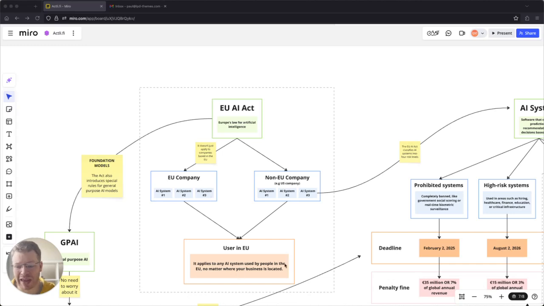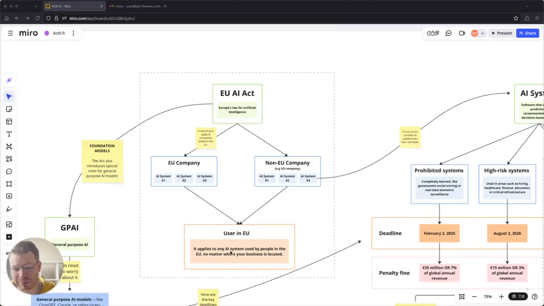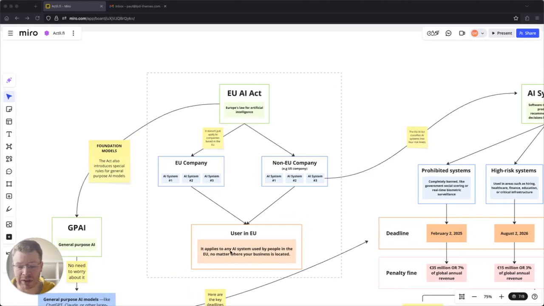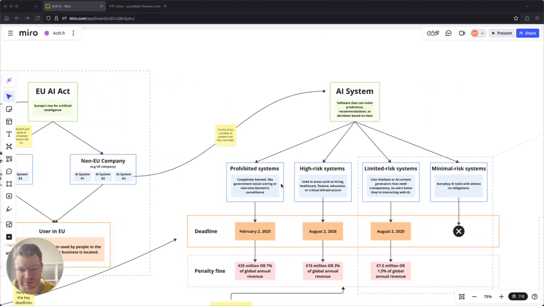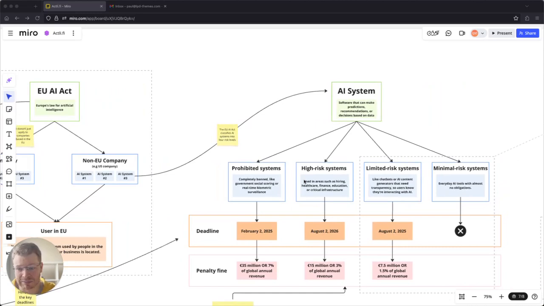It applies to any system that's used by people in Europe, no matter where your business is located. So if you have a US company and your AI system is used by people in Europe, it means this law also applies to you.